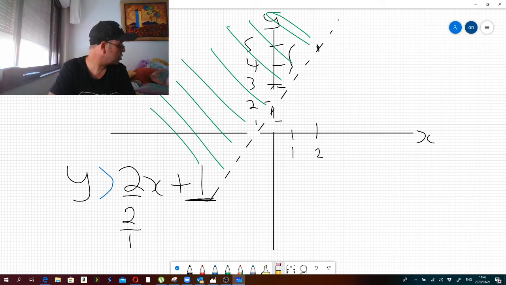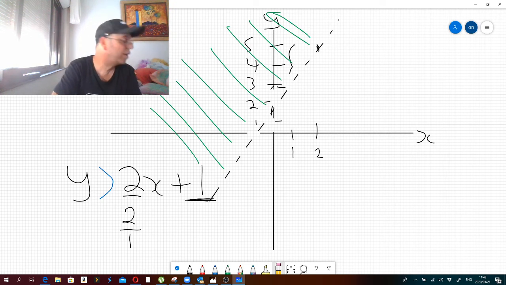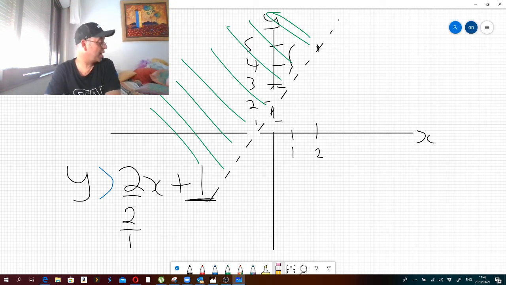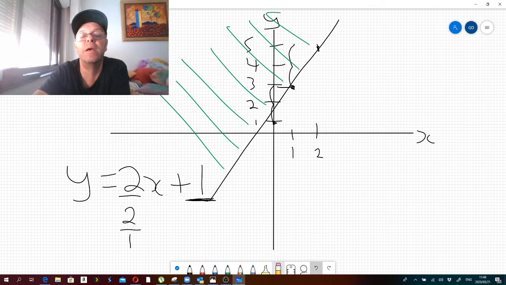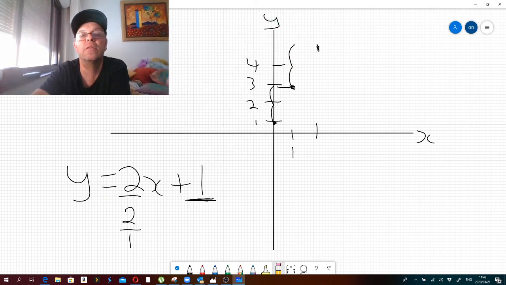I'm going to do the last one there, which is y is less than or equal to x minus 3. Y is less than or equal to x minus 3. And again, we'll undo everything and just get back to our Cartesian plane of the x and y axis.